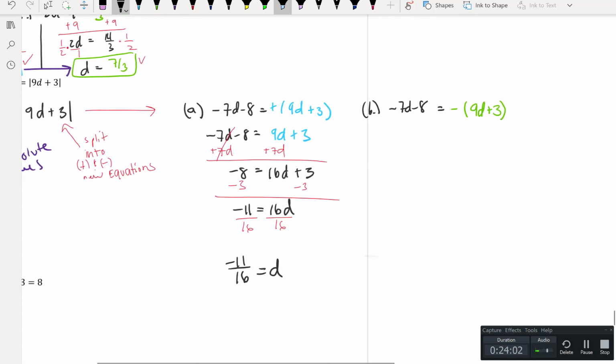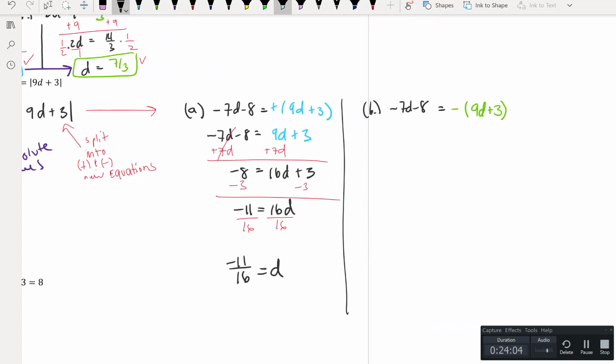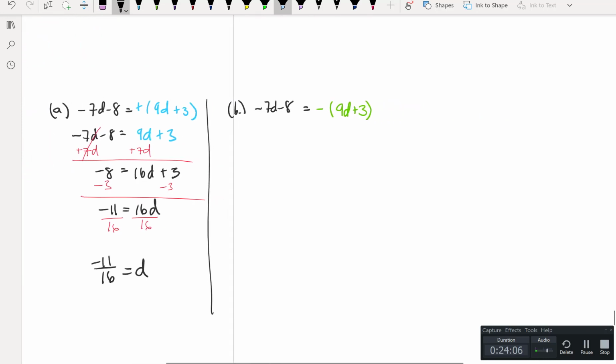Now I'm going to do part B. For part B, remember I had to turn it into the negative value as well. So you can think of this as a negative 1 that gets distributed inside the parentheses. So now I have negative 7d minus 8 is equal to negative 9d minus 3. I am going to add 9d to both sides.